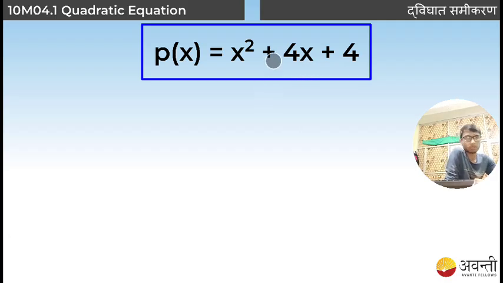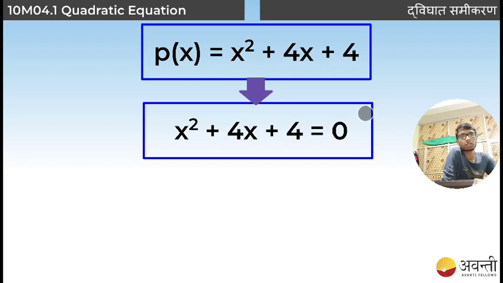And a quadratic equation looks like this. First the exponent 2 will come, then exponent 1 will come, then 0 will come. That is how it is arranged. Now next, it can be written like this: x square plus 4x plus 4 is equal to 0. Now we are saying that this whole is equal to 0.